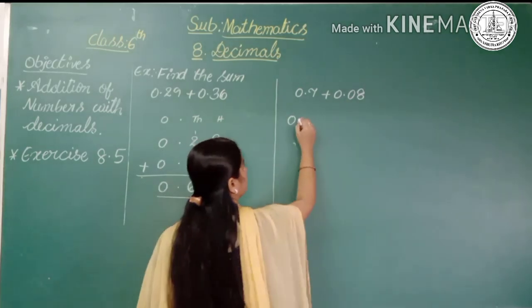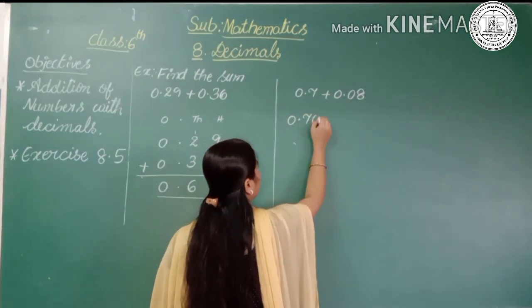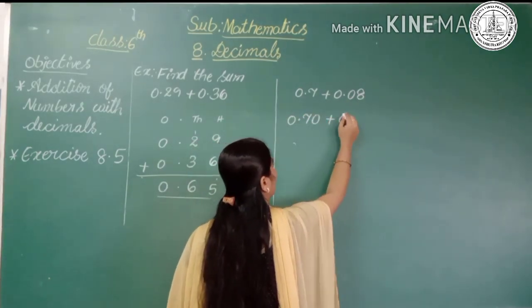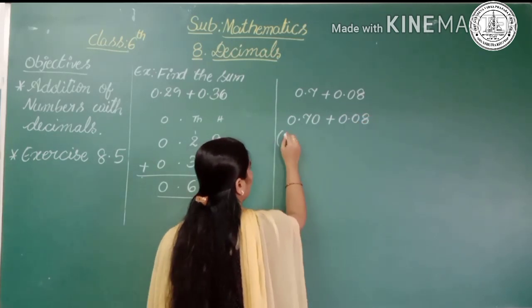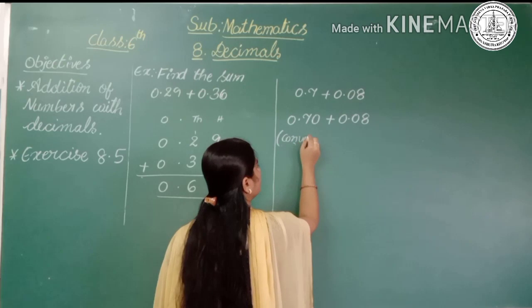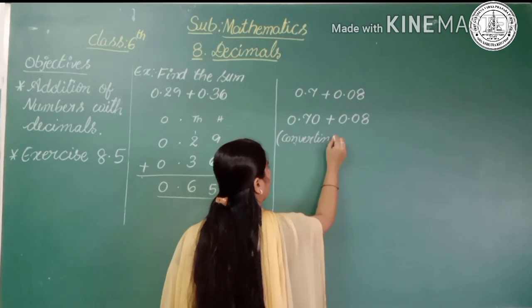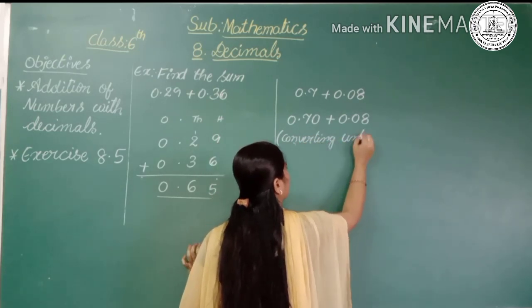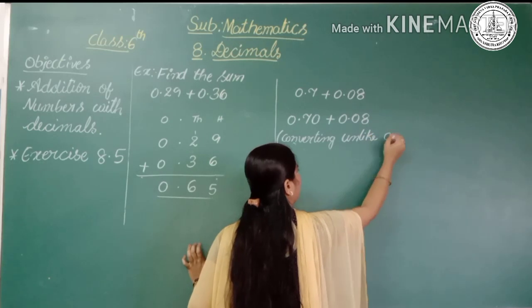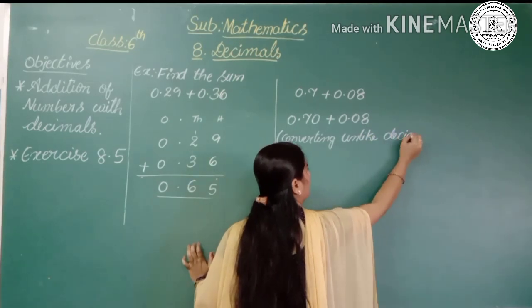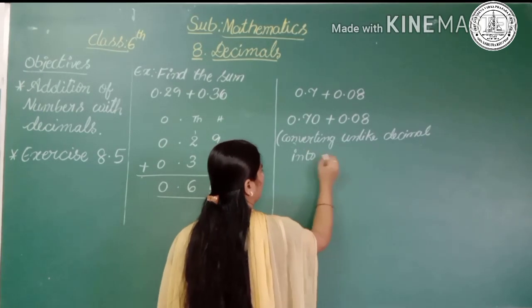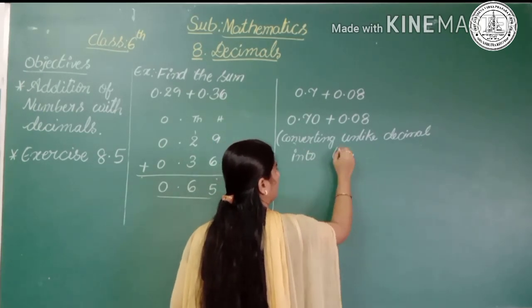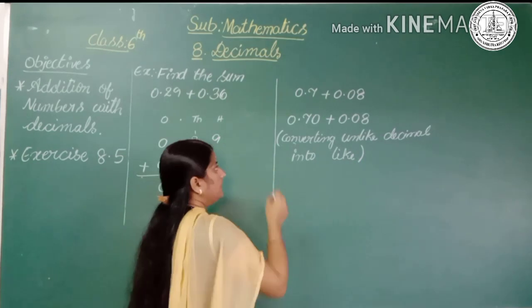It is 0.70 plus 0.08. In the bracket write down: converting unlike decimals into like. Now add here.